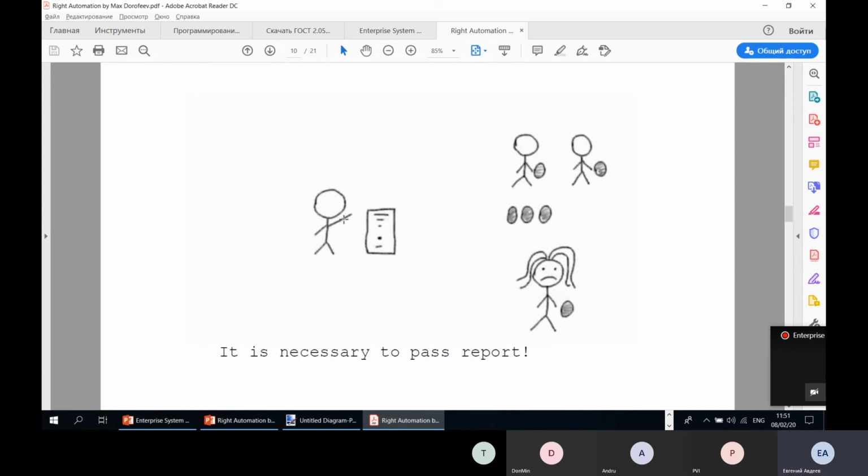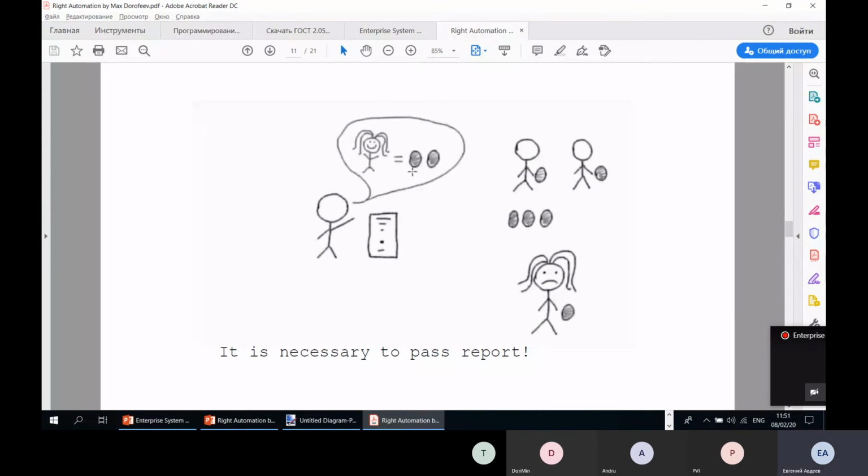And one more guy offers automation of this report generation, and he asks for 2 potatoes, but you will spend it one time, and after that you will start to reduce your expenses. So you will pay more the first time, but after that you will get a reduction of your expenses.